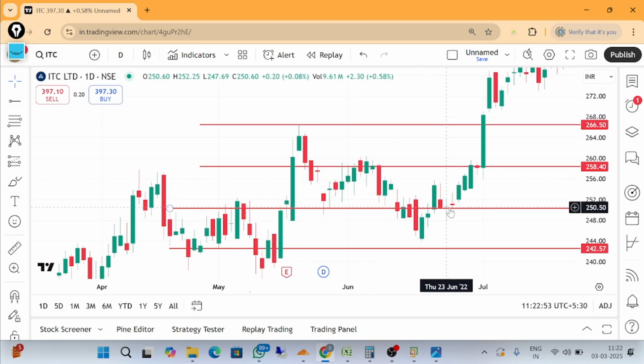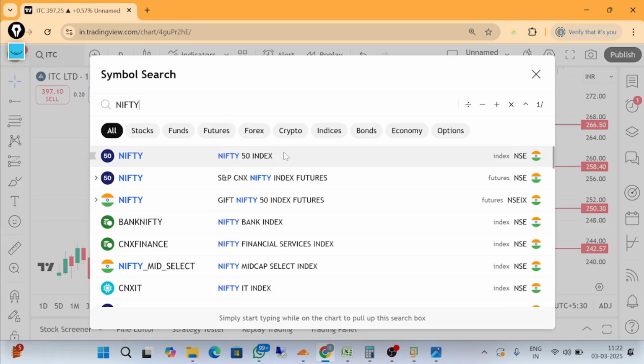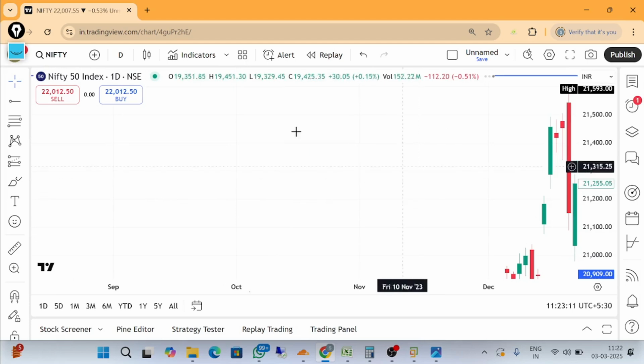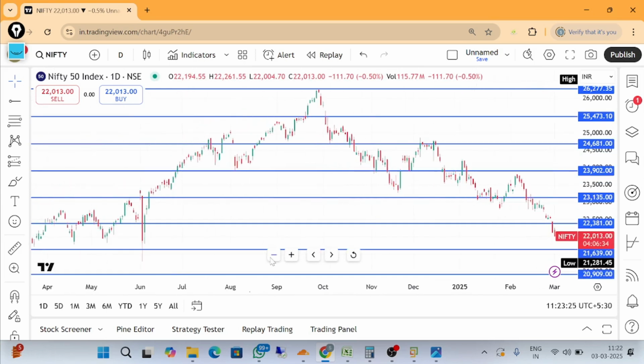But for application in Nifty and Bank Nifty, those are the bigger numbers. So how will you act in that case? Let us take an example of Nifty. These are the charts that I have currently drawn for myself.